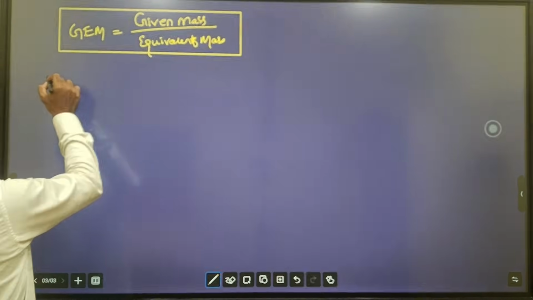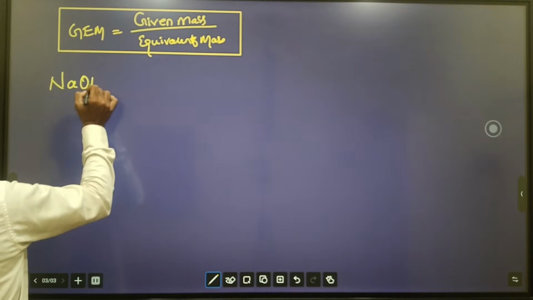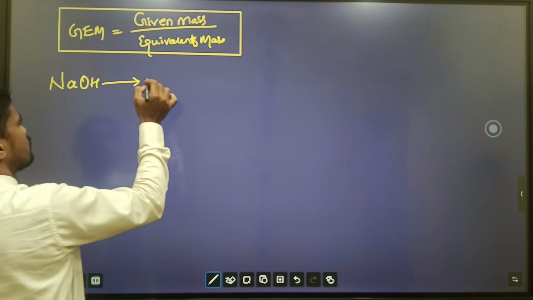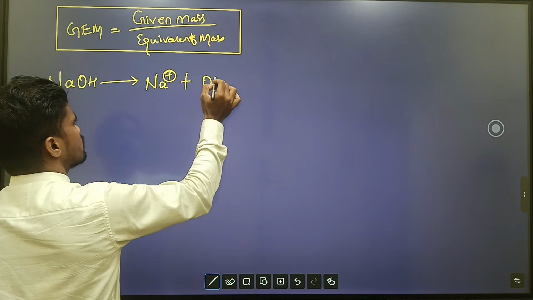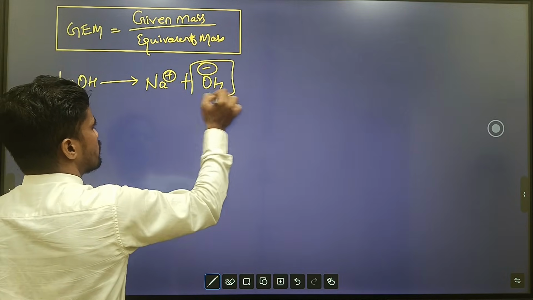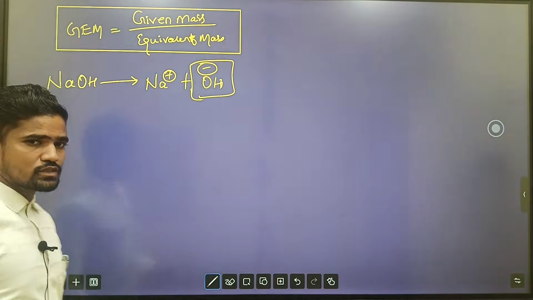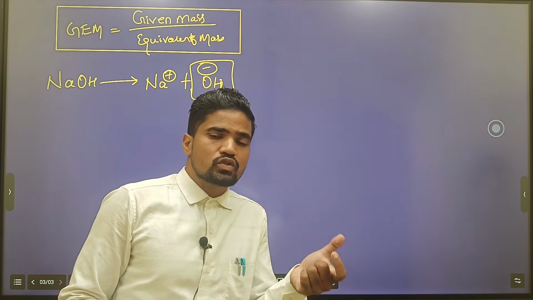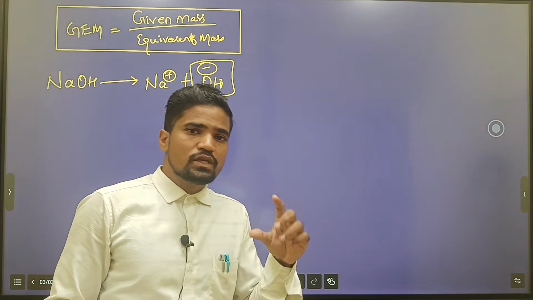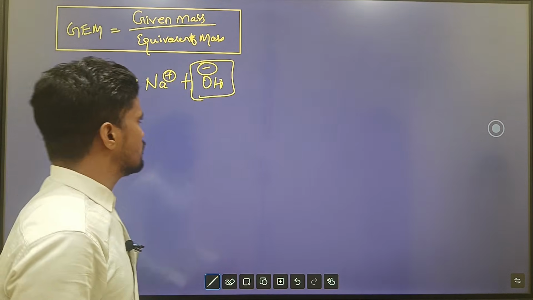We know that sodium hydroxide is a base. That means it will replace only the hydroxide ion, only one hydroxide ion. The substance which produces OH minus, hydroxide ions, is the base.